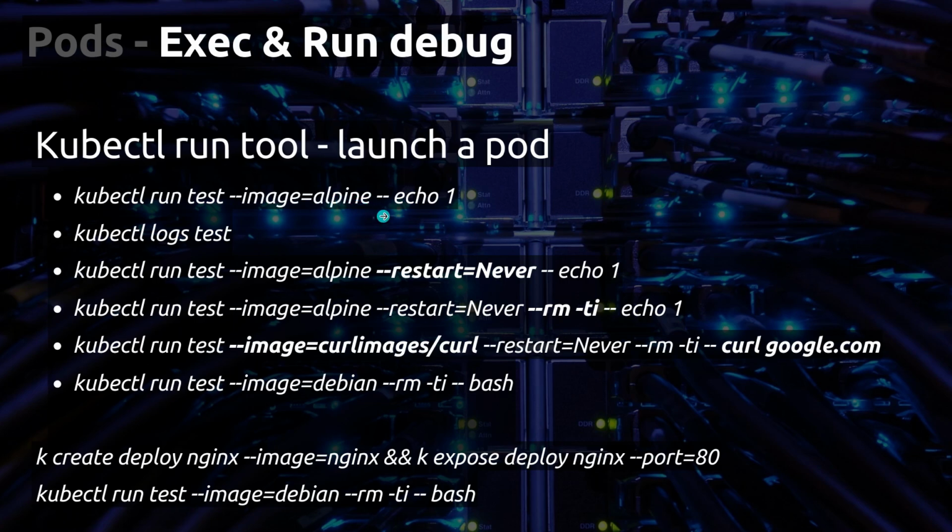In this case it's an Alpine, a little image that is really quick to spawn. And we want to run just a command, so we use a separator -- between the kubectl run options and the command. In this case we launch only an echo command.